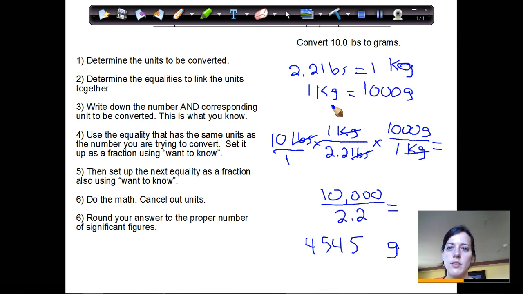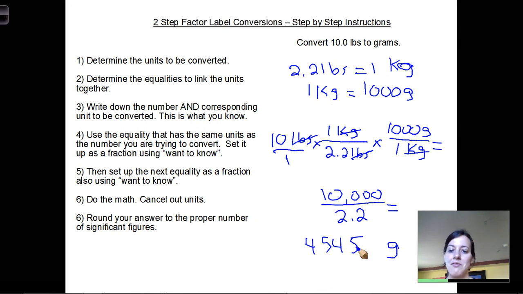Lastly, we need to round our answer to the proper number of significant figures. Up here we started out with 3, so we need to round so this digit is significant and that one's not.